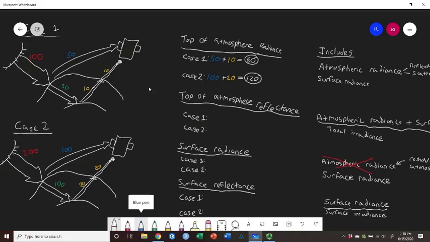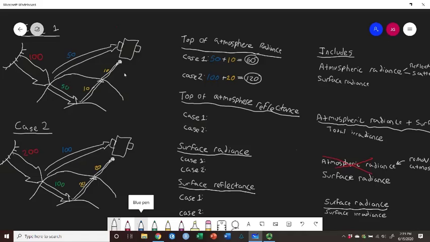So I think it's important to note here the difference between case 1 and case 2 is just that in case 2, the total irradiance is much higher. Everything else is kept the same proportion. That will make a lot more sense when we talk especially about surface reflectance and why percent reflectance in general is so important.